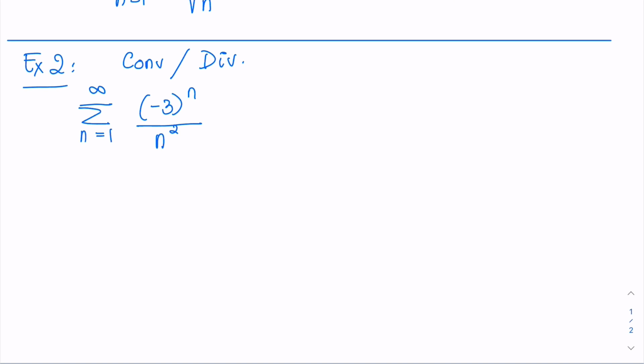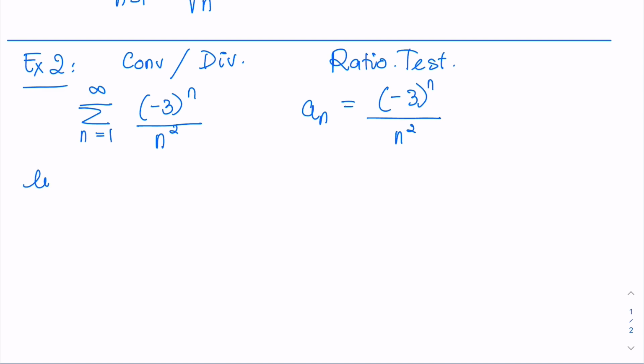For this series, I'm gonna determine whether the series is convergent or divergent by using the ratio test. So for the ratio test, first I want to identify what a sub n is. A sub n in this case is gonna be -3 to the n power over n squared. So we're gonna take the limit of the absolute value of a sub n plus 1 over a sub n.